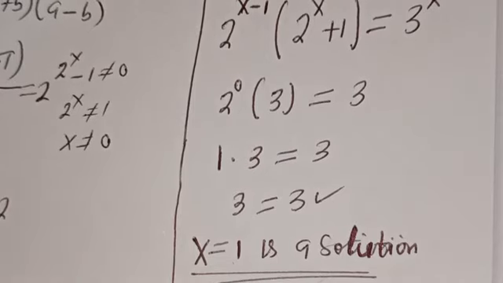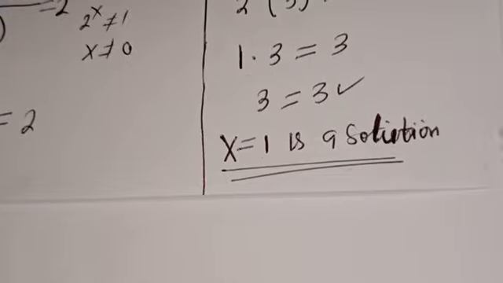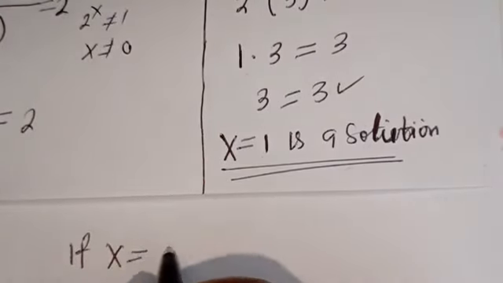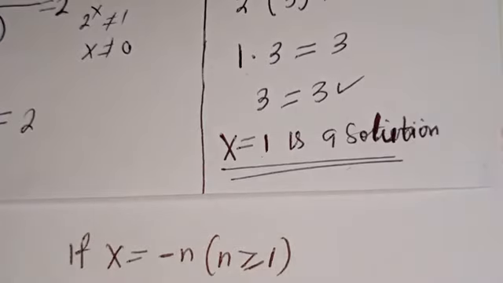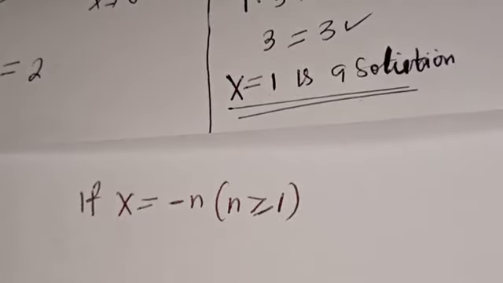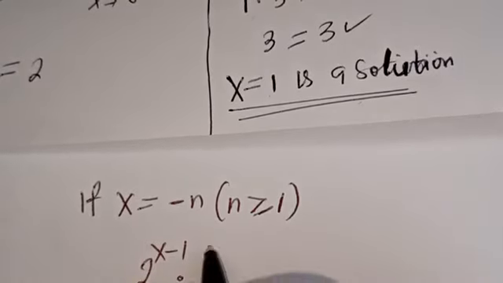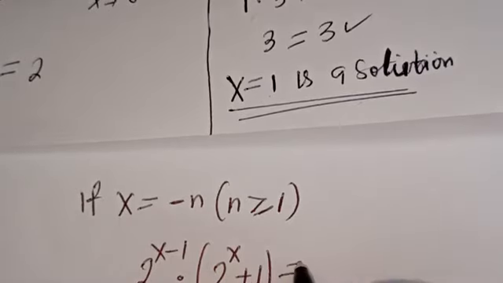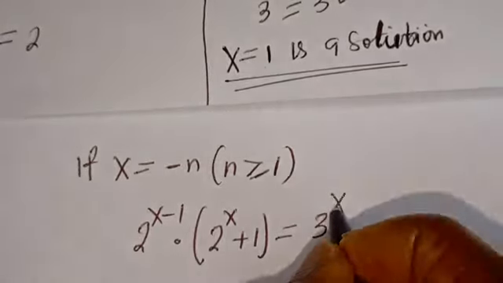Now, let's consider if s is a negative number. Let's see what will happen. Let's check if s is equal to a negative number, that is, negative n where n is greater than or equal to 1. Then we have (2 to the power of x minus 1) multiplied by (2 to the power of x plus 1) is equal to 3 to the power of x.